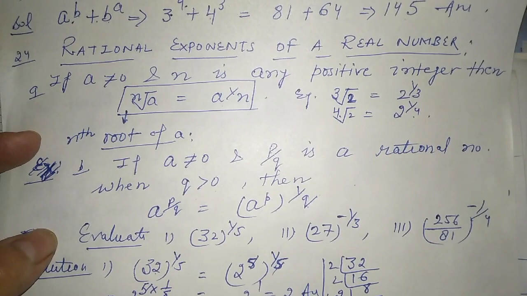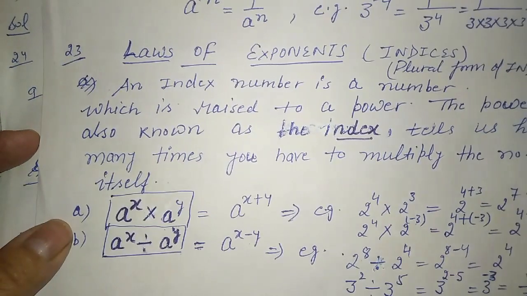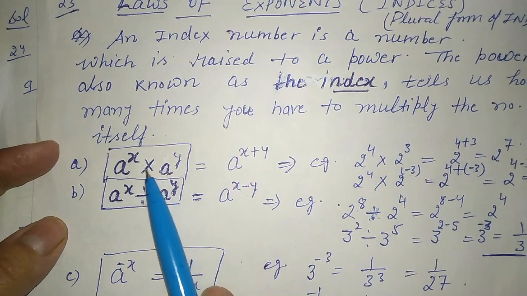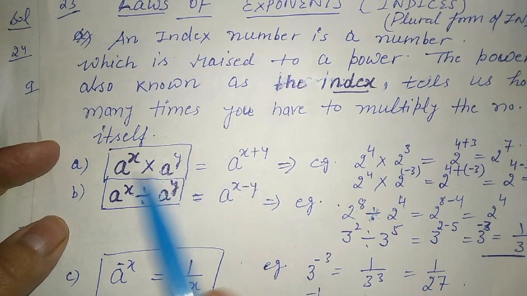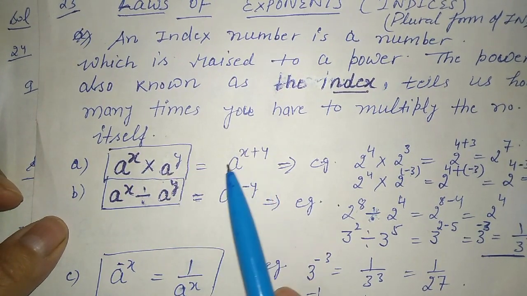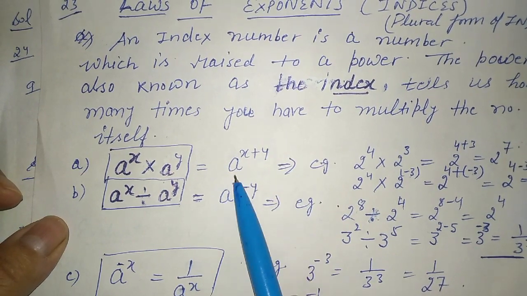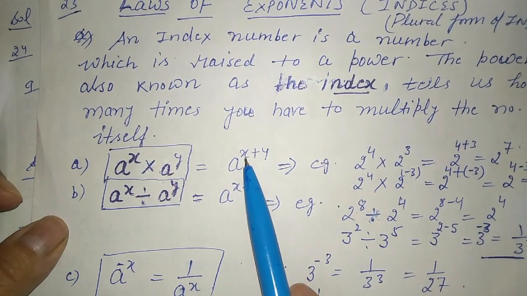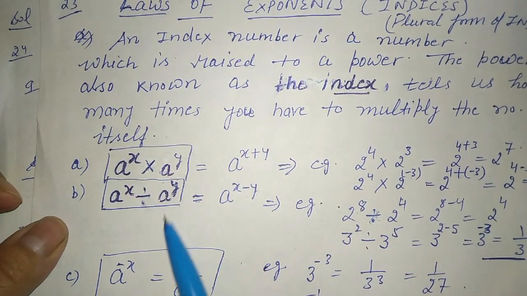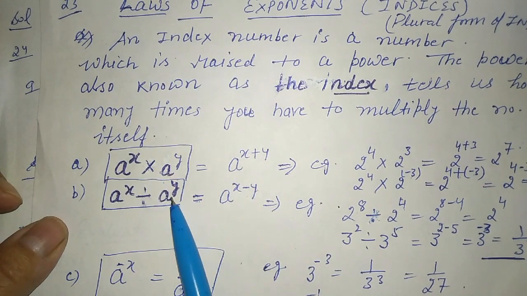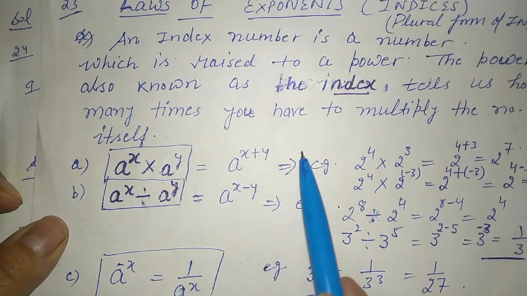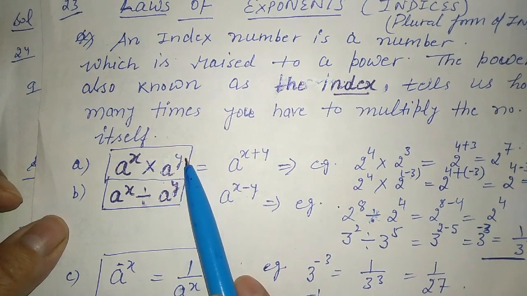I just want to tell you that these properties, these laws we have done here, we can use from both sides. a to the power x multiply a to the power y can be written as a to the power x plus y. But if at any time we have a to the power x plus y, according to the demand of the question, we can write it as a to the power x multiply a to the power y.